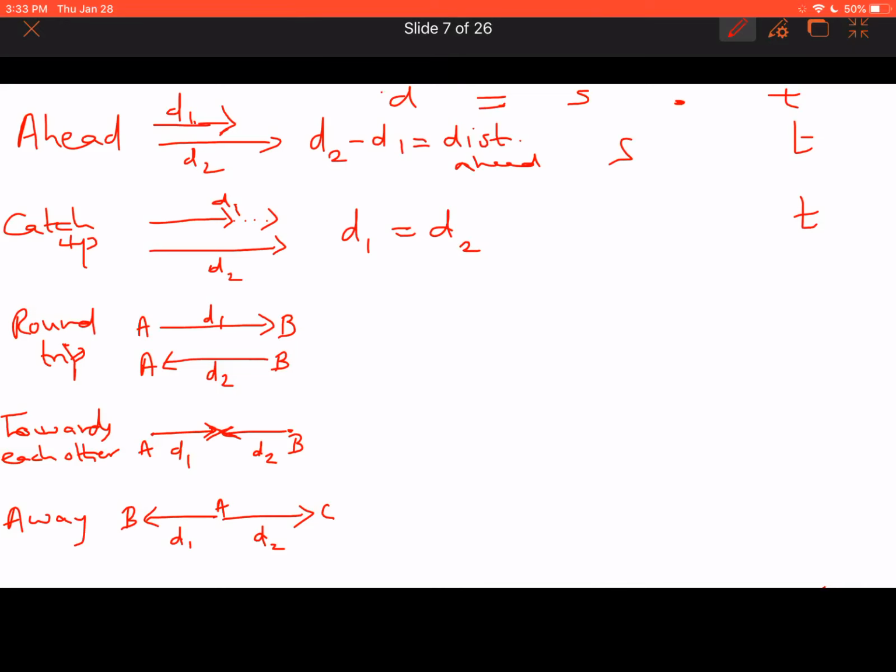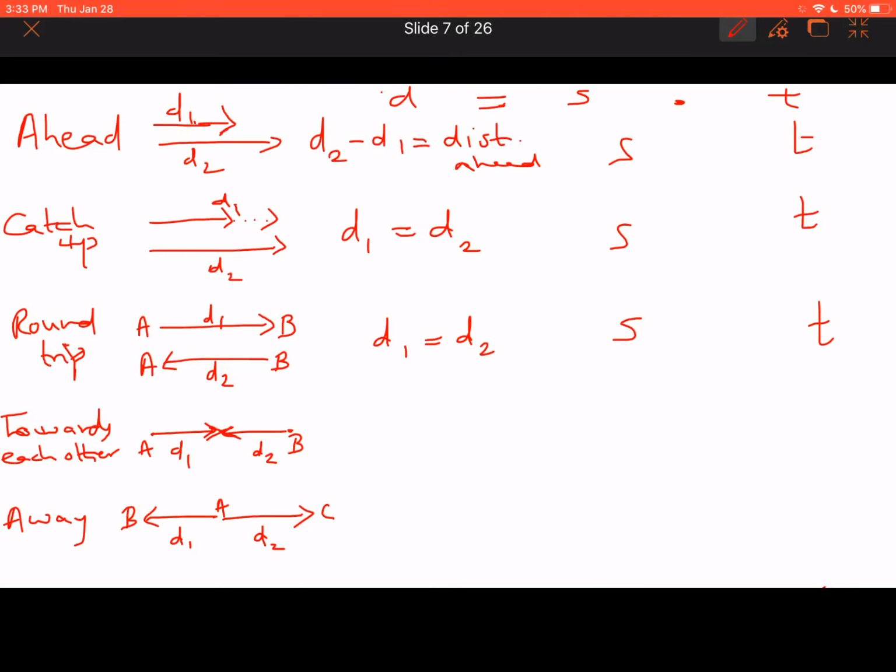Whereas in case of round trip, the distance covered by the forward journey is equivalent to the distance covered by the return journey between 2 points, from A to B, from B to A. The distance is going to be d1 or d2. Here also the speed is going to be varied and the time also may vary at some times.